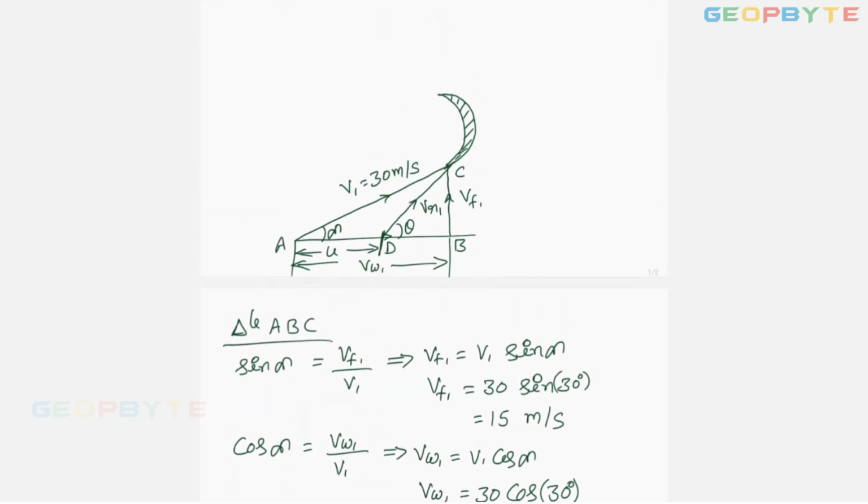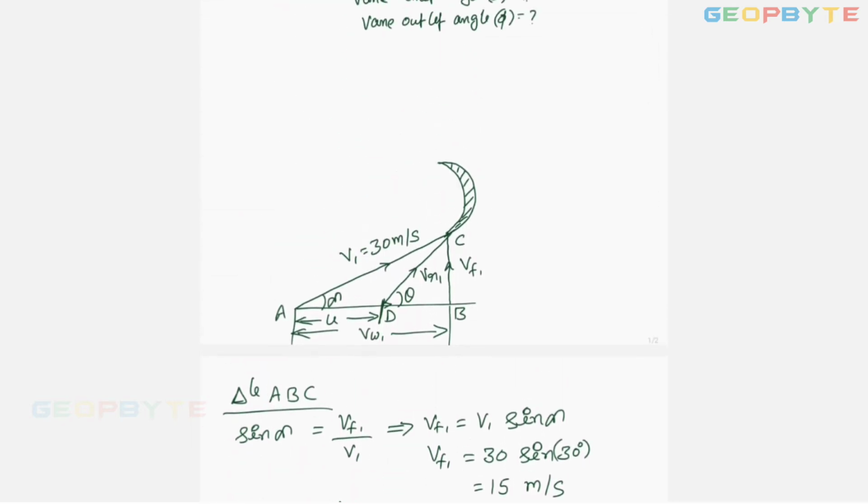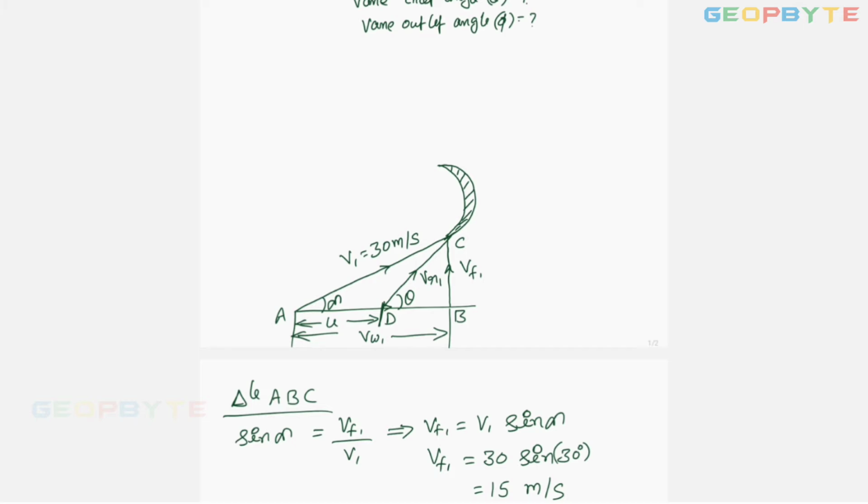Now come to the outlet triangle. It is given that the jet is deflecting at an angle of 120 degrees with a velocity v2. Then it is developing two components of velocities.